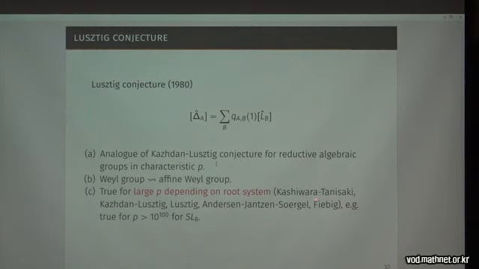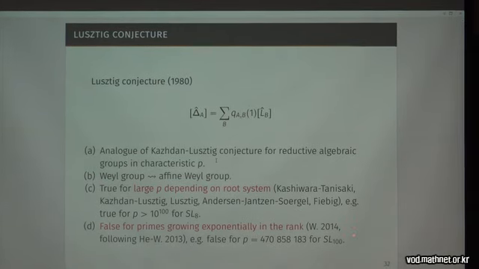And then Fiebig comes along and says, as long as p has more than 100 digits, we're fine. But one should say that one hopes that it's true for p starting from 11. So there's a big gap between, we hope it's true for p bigger than 11, and we can show that it's true as long as p has 100 digits.